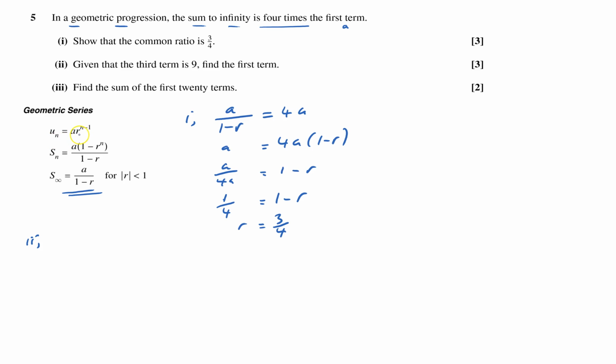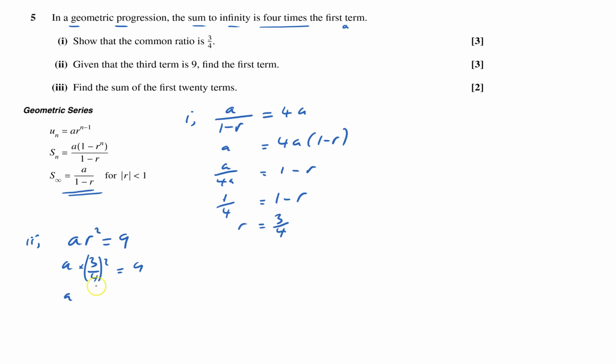Given that the third term is 9, so that's part 2. The nth term is a times r to the n minus 1, so for the third term, n is going to be 3, and so we get a r squared equals 9. That's the third term, and r is 3/4, so a times 3/4 squared equals 9.